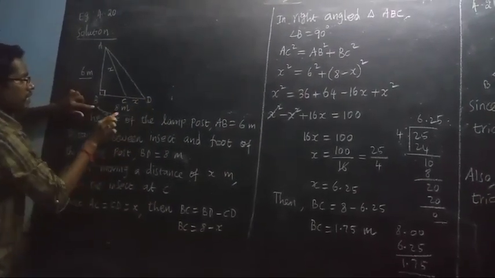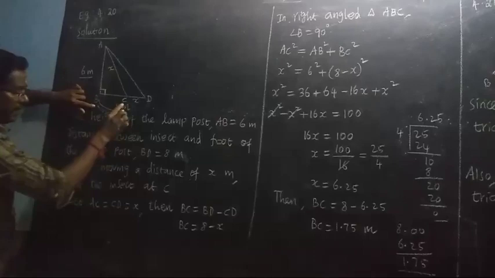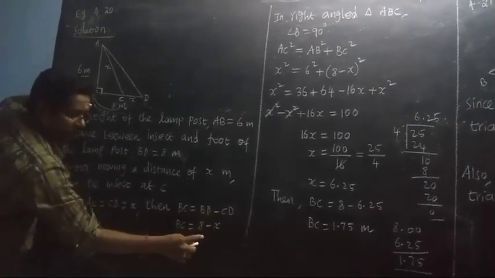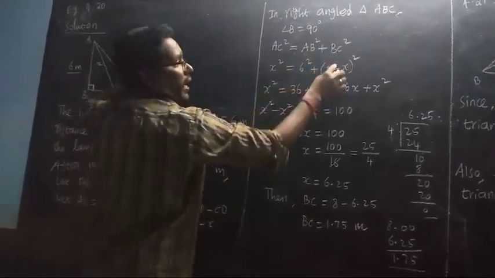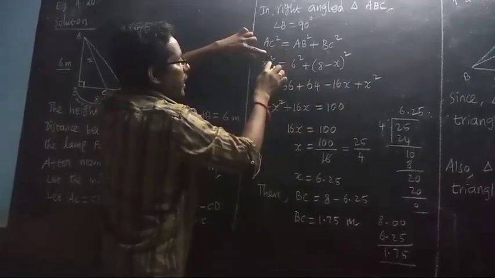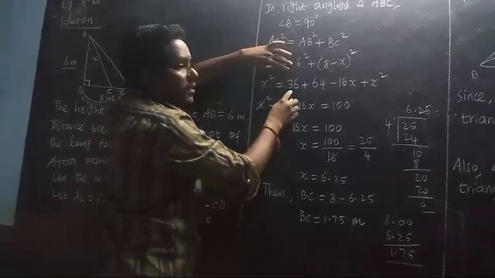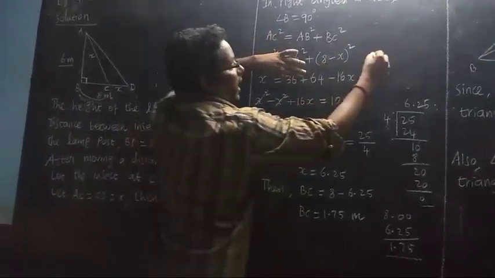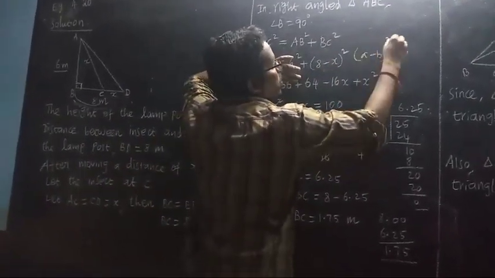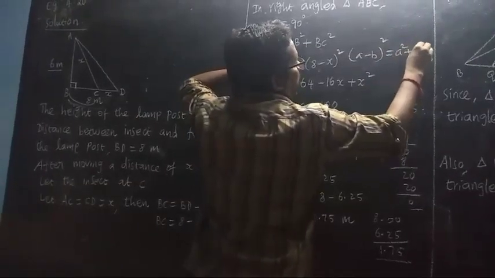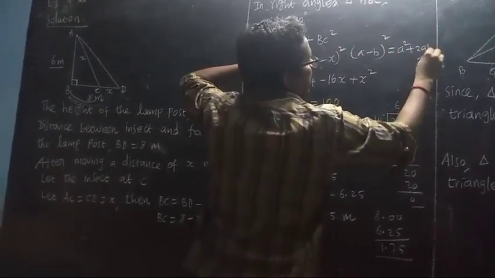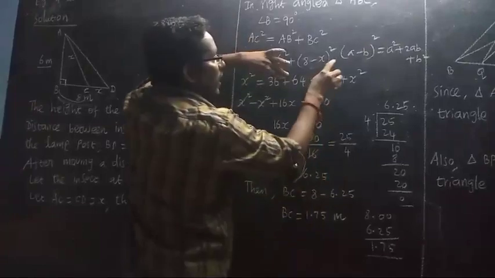BC we found earlier, that is 8 minus x. Therefore 8 minus x the whole square. AC is x square, 6 square equal to 6 into 6, 36. Okay, 36 plus, this is the a minus b the whole square formula, a square minus 2ab plus b square.